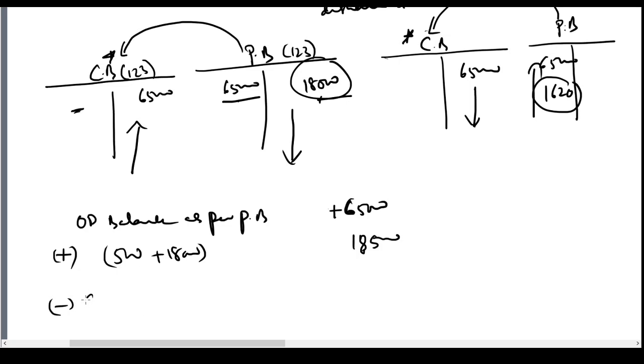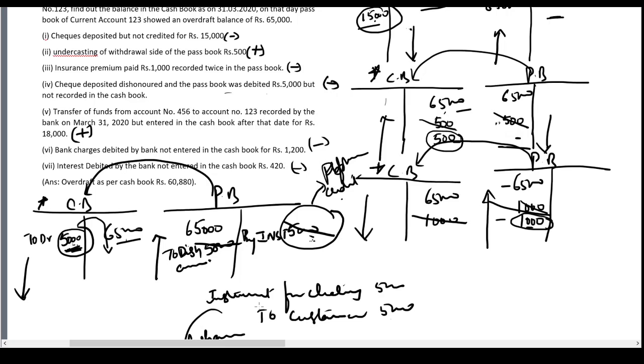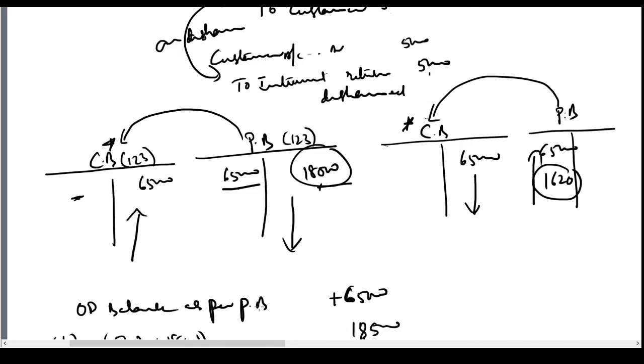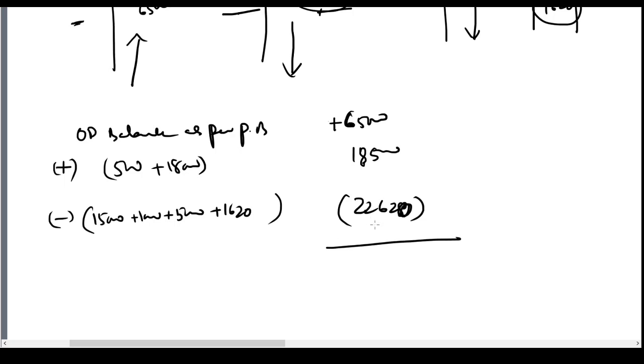Now let us take the minus items. 15,000, 1,000 and 5,000. 15,000 plus 1,000 plus 5,000 plus 1620. So 15 plus 1 is 16, 21, 22,620. So this is the total of the minus items.